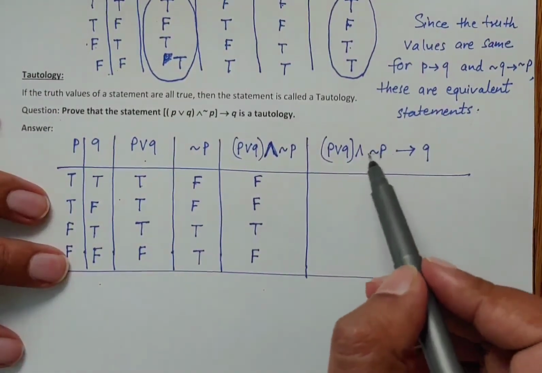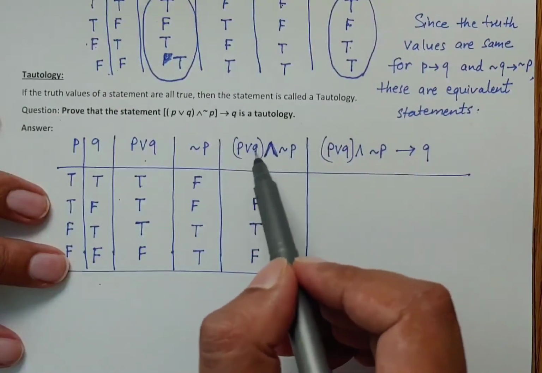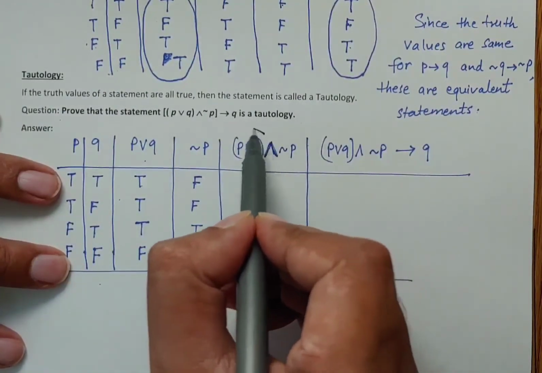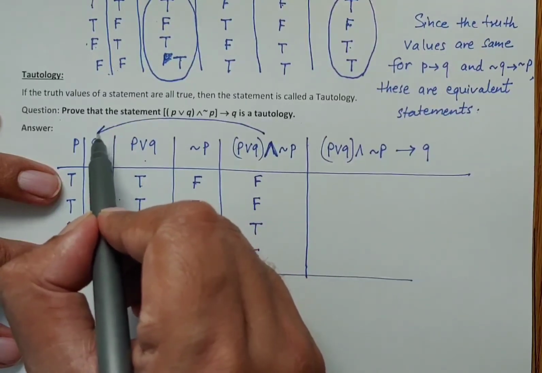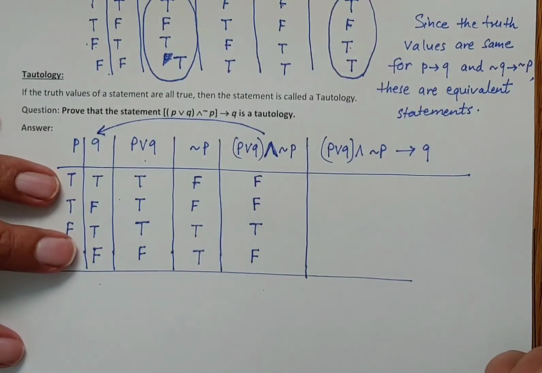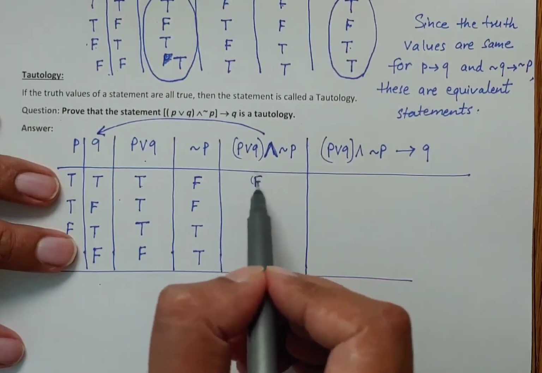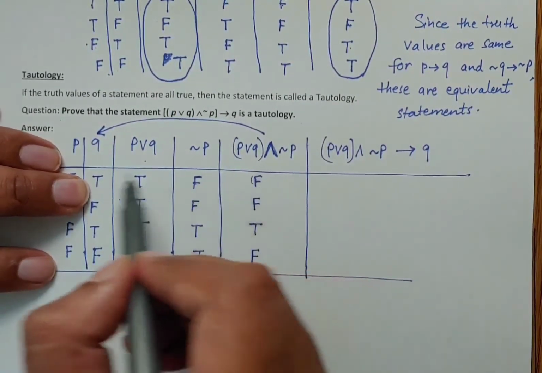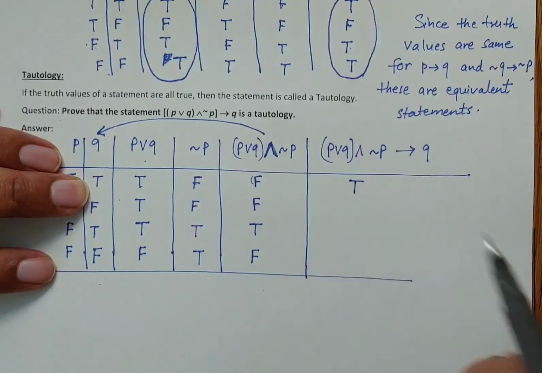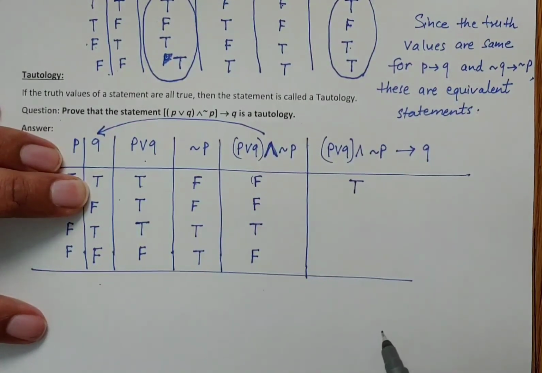Now we need to find this implies Q, right? So that we have to check. Now false implies true is true, because it is false only when it is true implies false, and the others are always true, right?